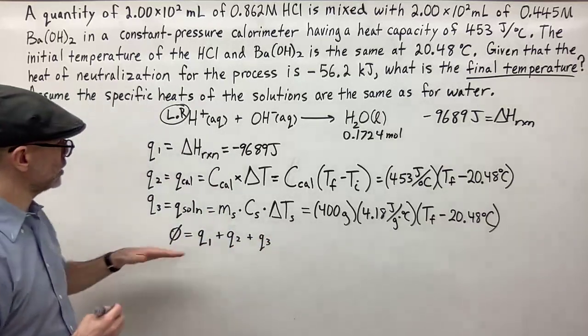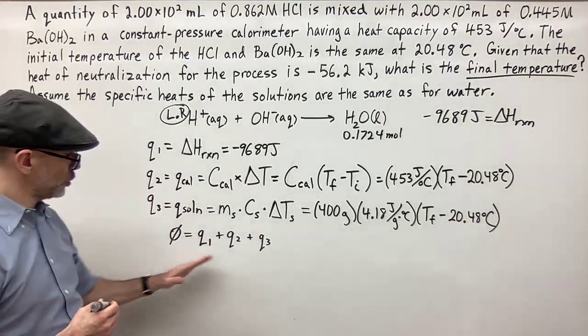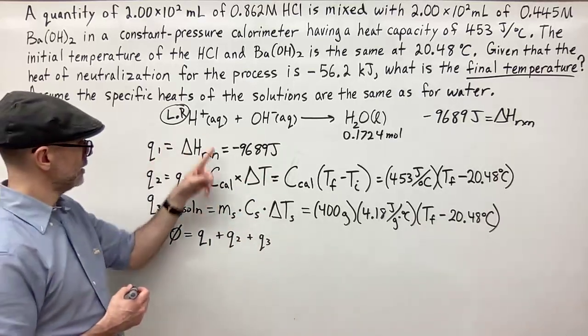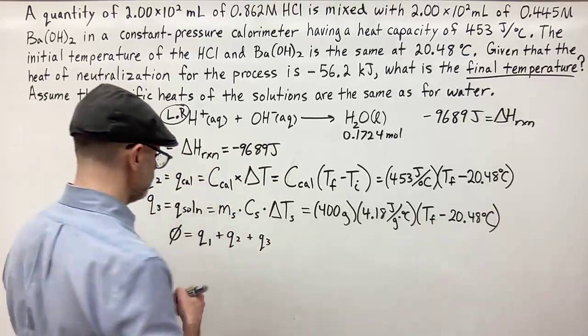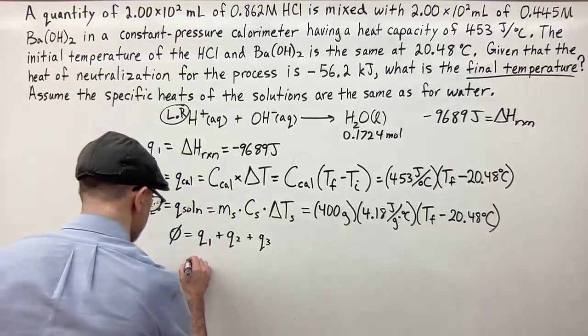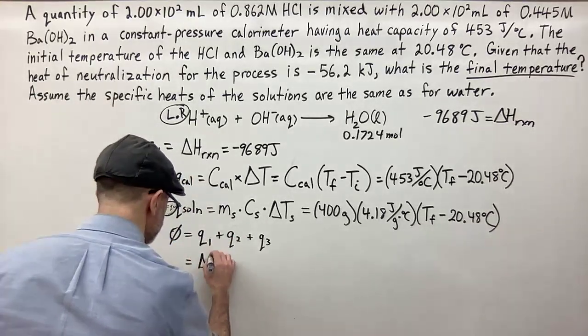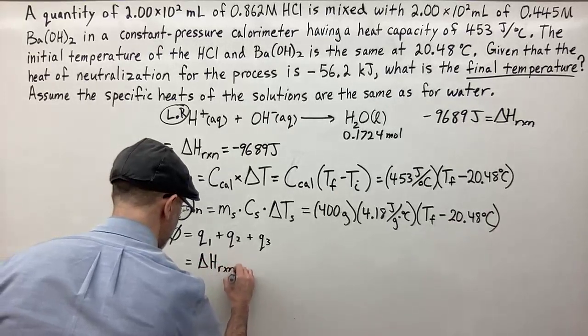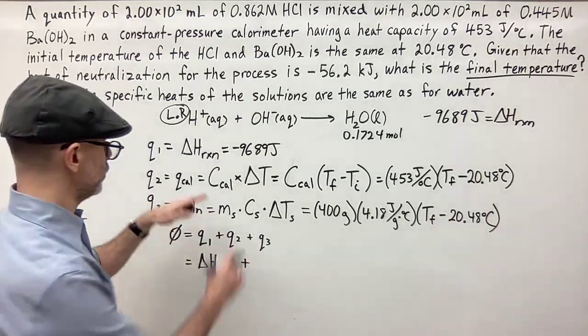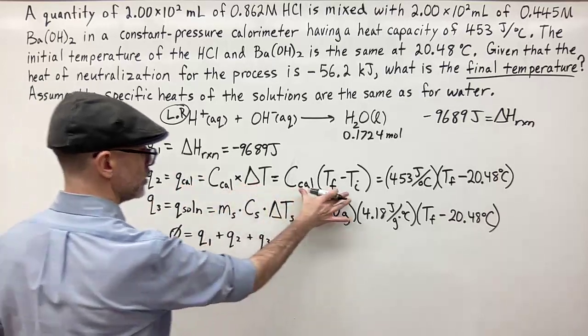And then we just substitute in what we just found. So this is going to be delta H of the reaction, right? Plus Q2, which is going to be this right here.